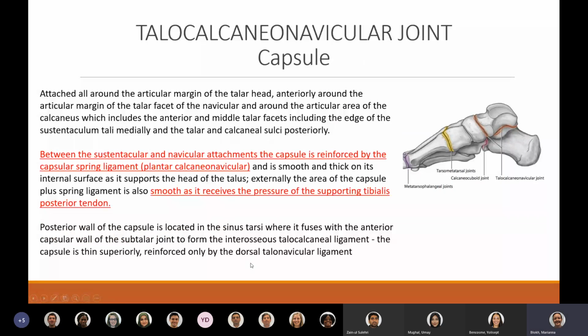What else do I need to know? Between the sustentacular and navicular attachments, the capsule is reinforced by the capsular spring ligament. So we know that the spring ligament plays a very important role on the medial aspect of the talocalcaneonavicular joint.